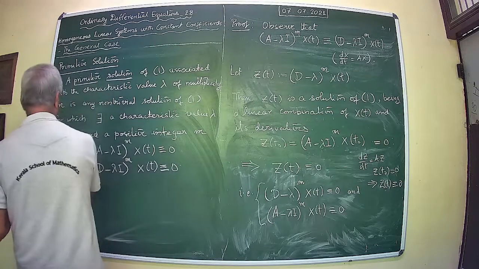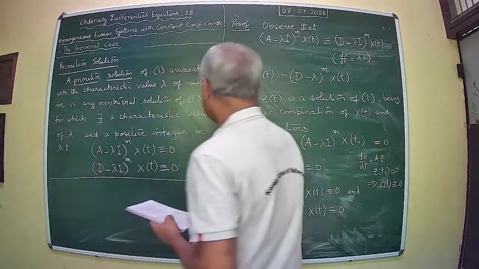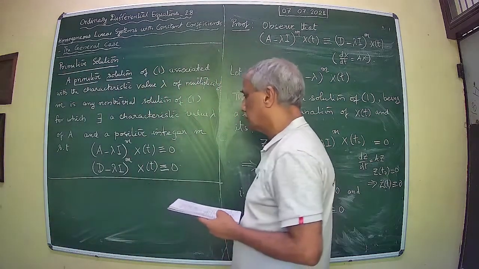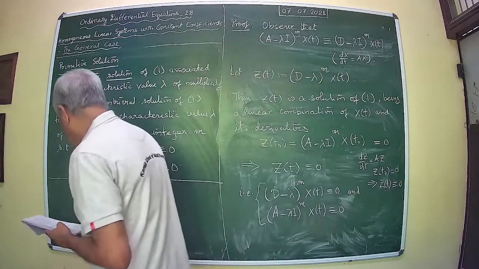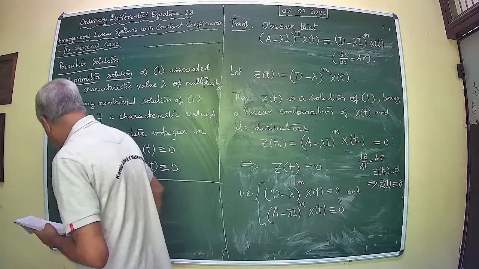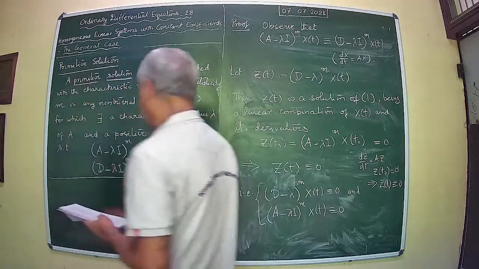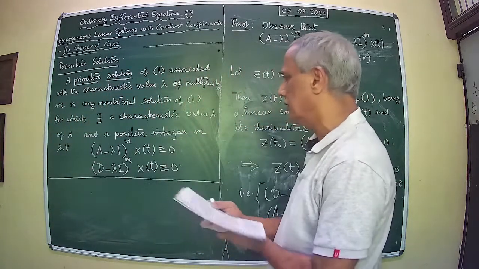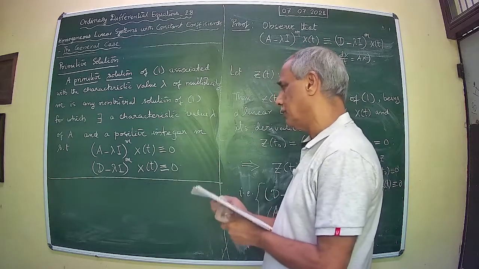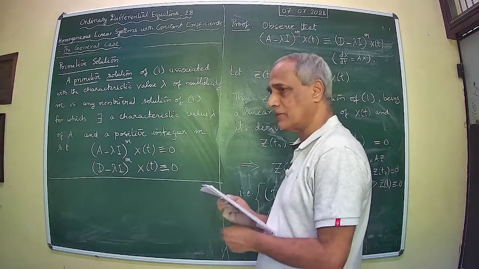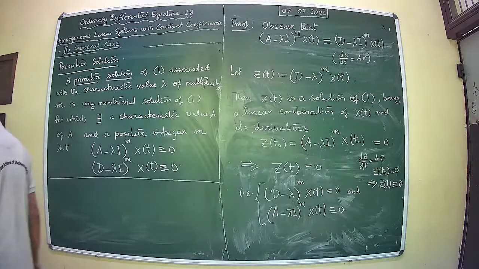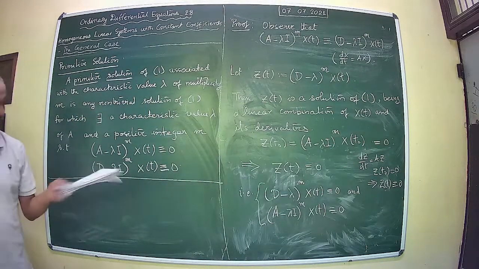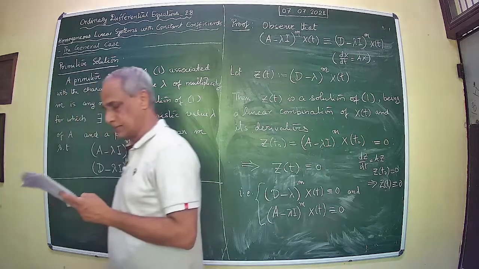This is what you call a primitive solution. So the solutions constructed out of eigenvectors are all primitive solutions associated with the corresponding eigenvalue. But there may be other functions which have this particular property, which may not be eigenvectors at all.